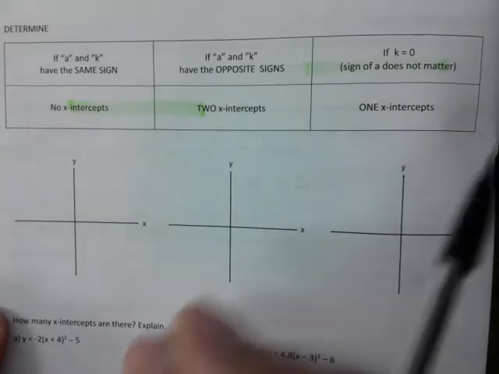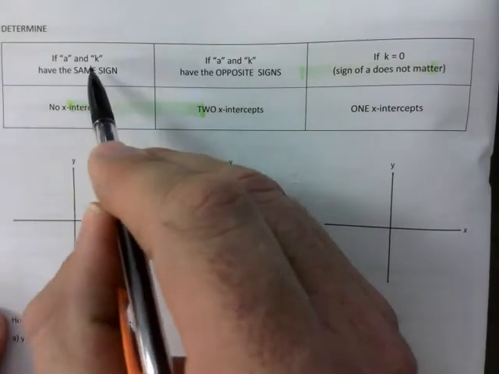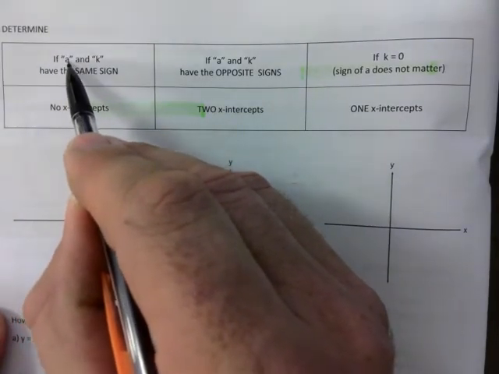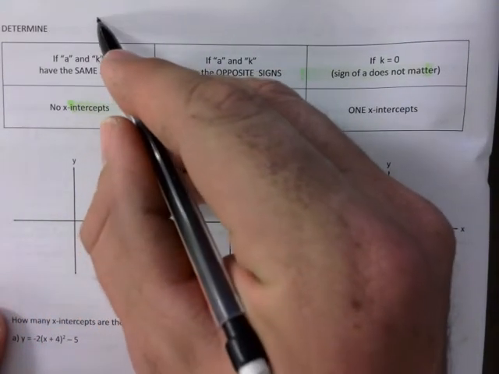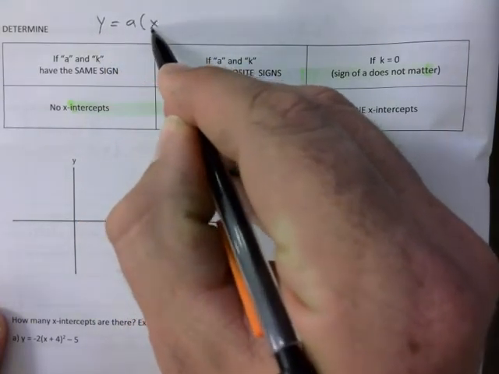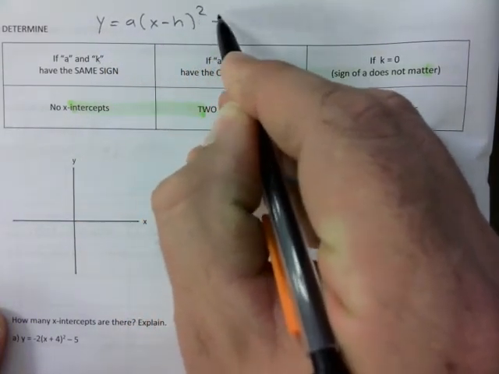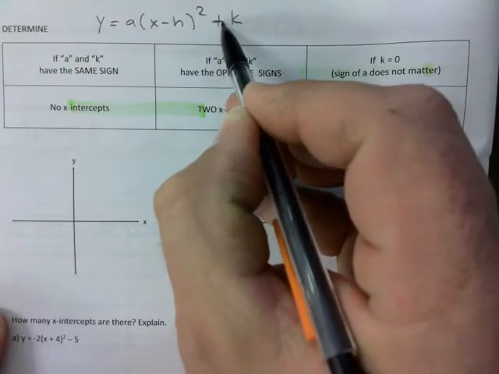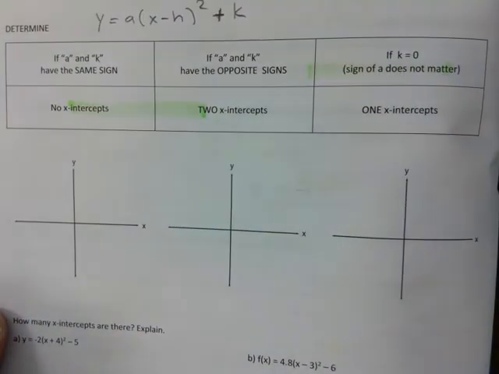Okay, so there's something cool when it's in vertex form. We're talking A and K. Let's write this up top here real quick. Okay, y is equal to A(x minus h) squared plus k. Just write that at the top so you know what I'm talking about here.